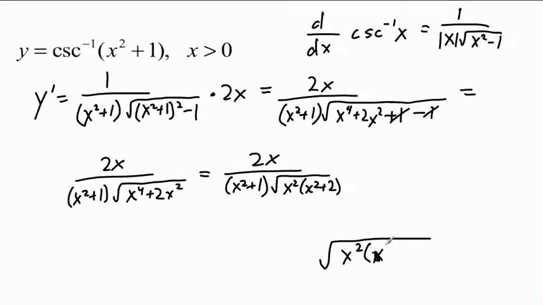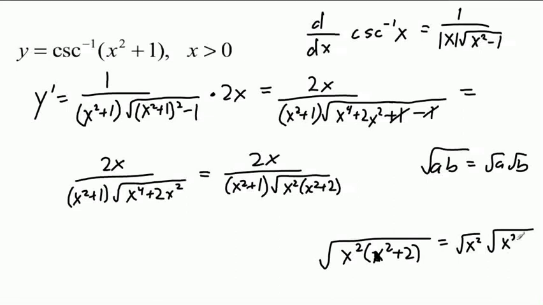Anytime you have anything multiplied inside of a square root, you can separate the square roots. So this is actually the same thing as the square root of x squared times the square root of x squared plus 2.